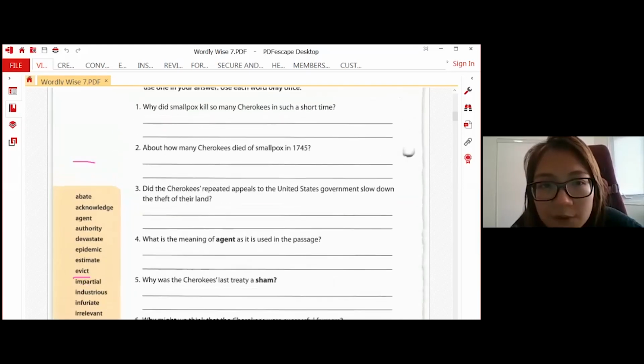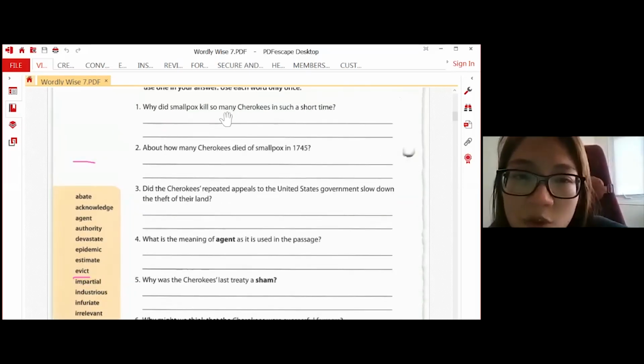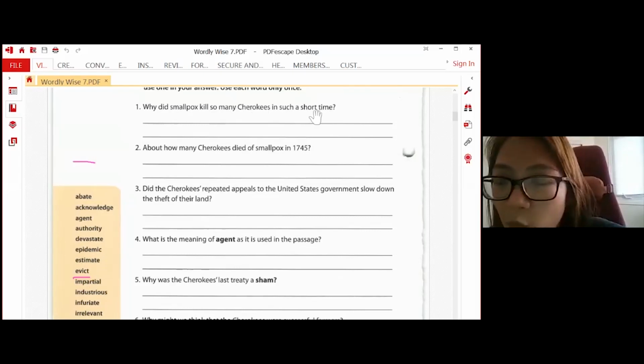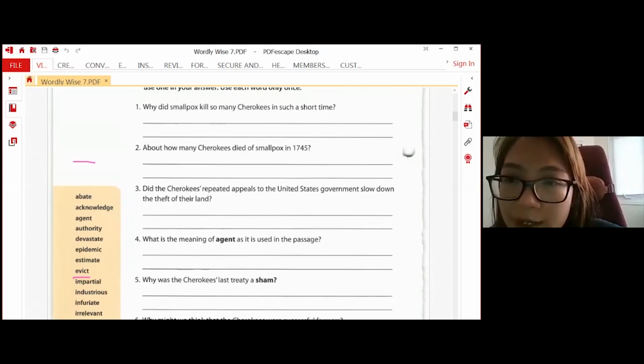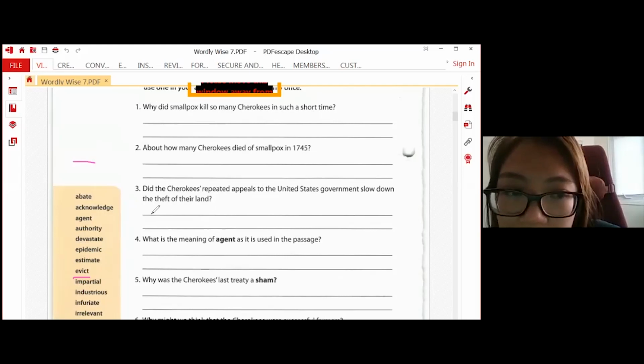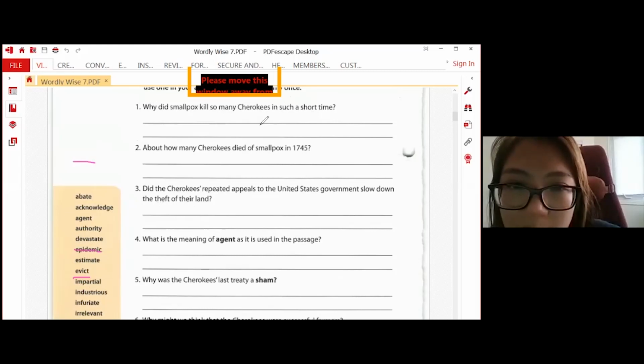So first question, why did smallpox kill so many Cherokee in such a short time? Anybody want to answer? Okay, David, answer. You have to use one of the words here. Because the smallpox was an unknown epidemic to the Cherokees. Okay, so epidemic is finished.